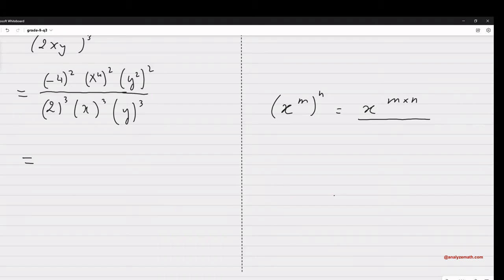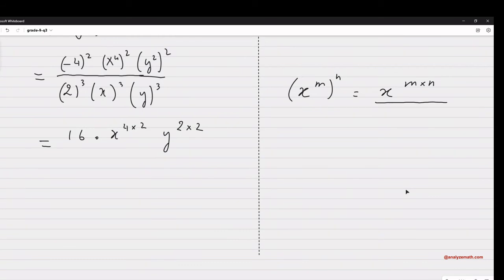Minus 4 to the power 2, it's minus 4 multiplied by minus 4, that gives me 16. x^4 to the power 2, I'm going to use this formula, mn. So that will give me x to the power 4 multiplied by 2. And then I use the same formula here. That gives me y^2 multiplied by 2.